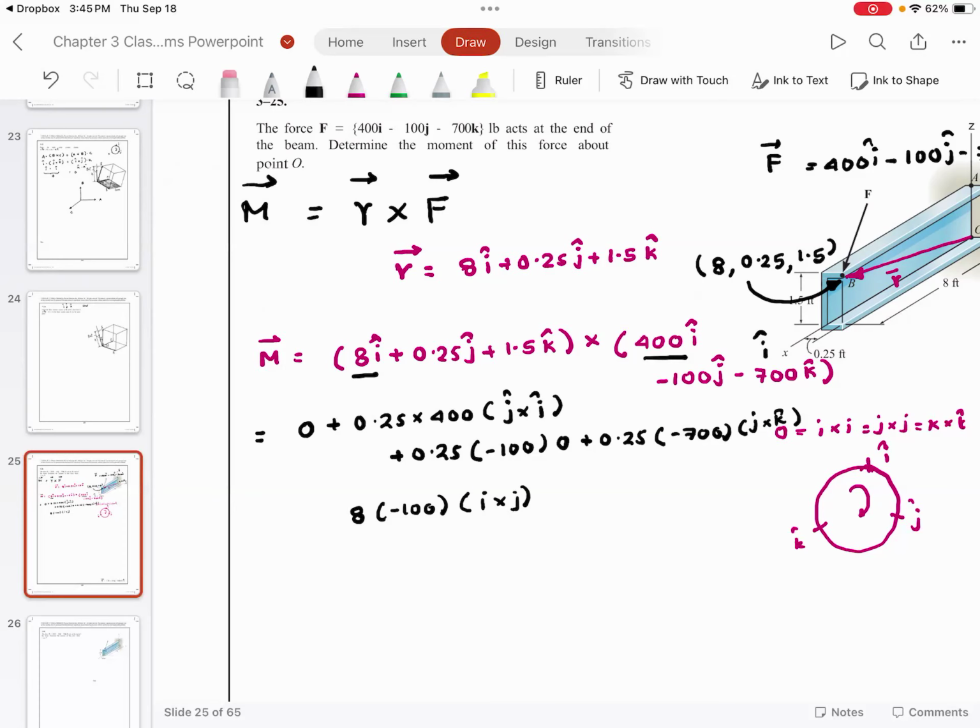You need to expand this. So how did I do? 400, j cross i; j cross j is 0; j cross k.